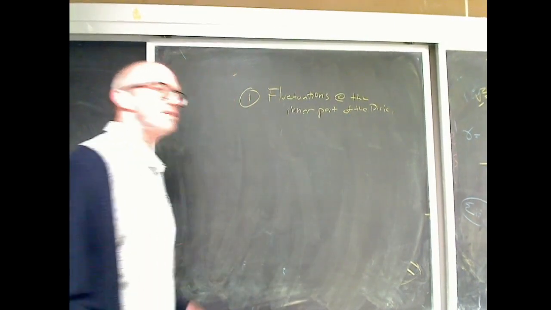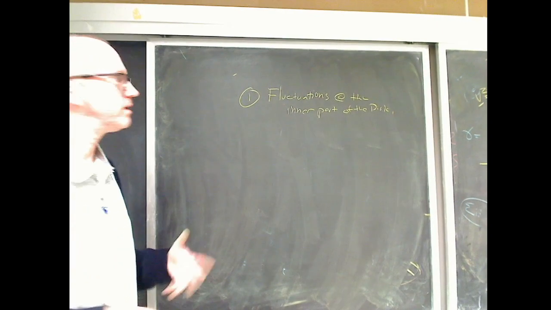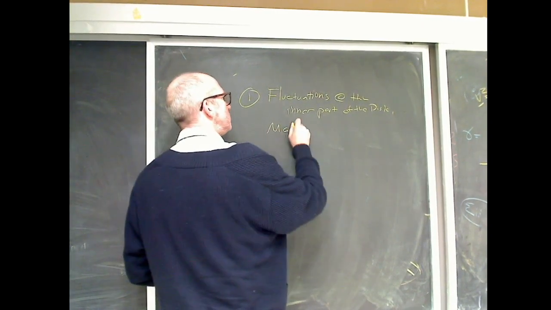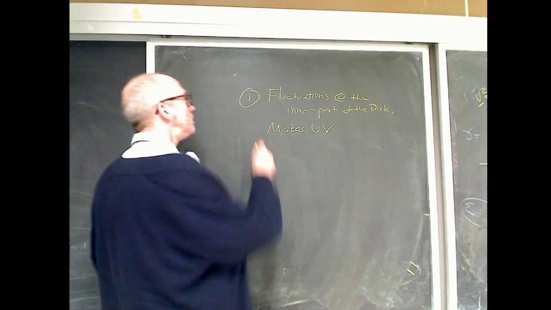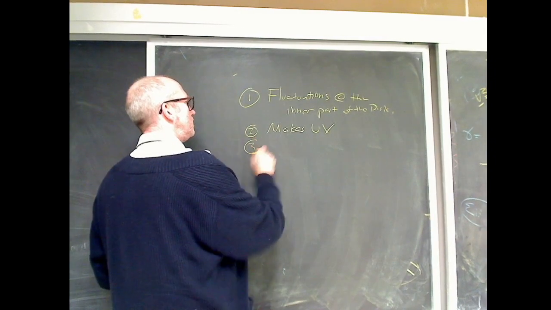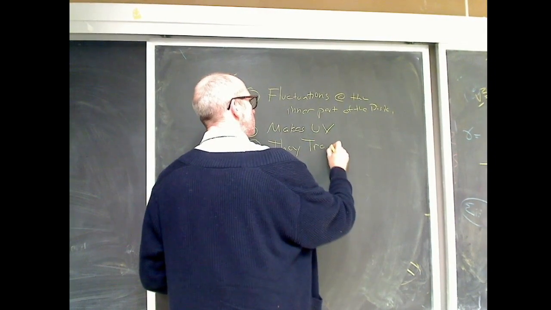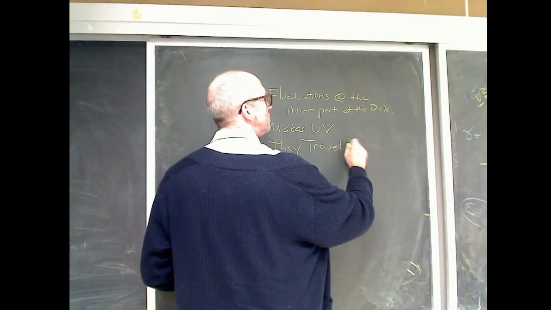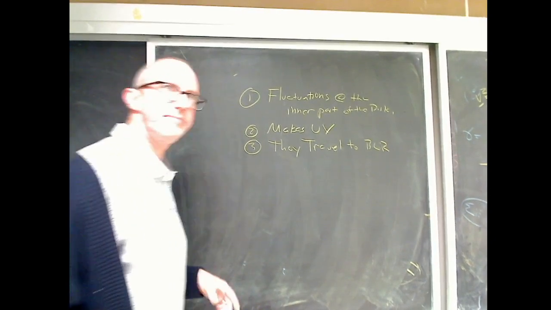Okay, fluctuations of the inner part of the disk. Stuff falls into the black hole. Makes UV photons. They travel to the broad line region.